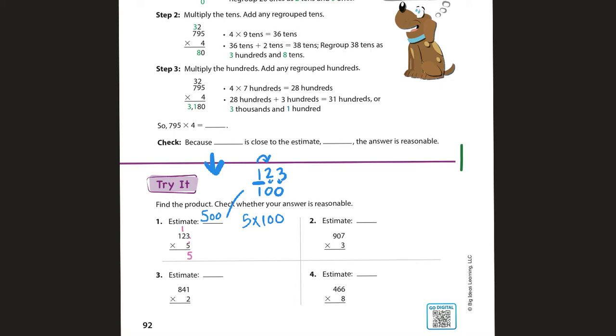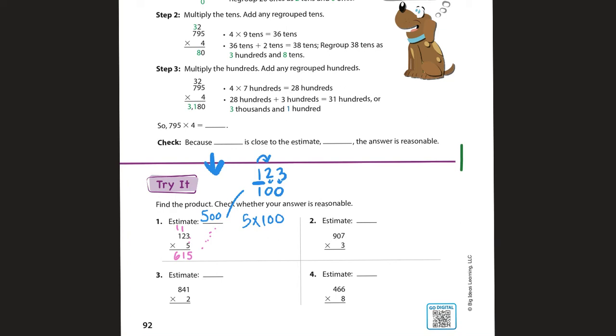Carry the 1. 5 times 2 is 10. Plus 1, 11. Carry the 1. 5 times 1 is 5. Plus 1, 6. And then they ask me, is it reasonable? 500 and 650. I would say it's a reasonable estimate.